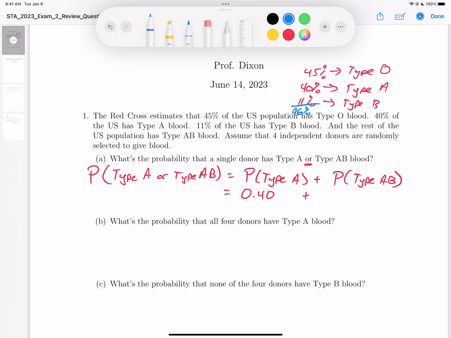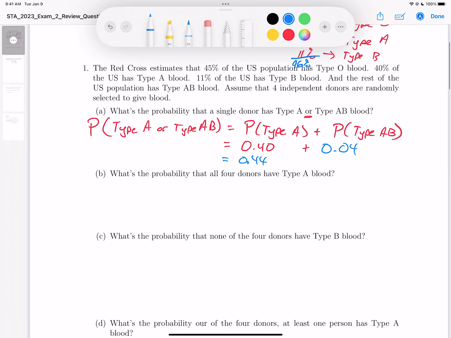So we can say that 4% of people have type AB blood. Okay, so that's what we're going to put into our formula for part A. It's going to be 0.40 plus 0.04 for 4%, and we get a grand total of 0.44, or 44% of people will have type A or type AB blood.